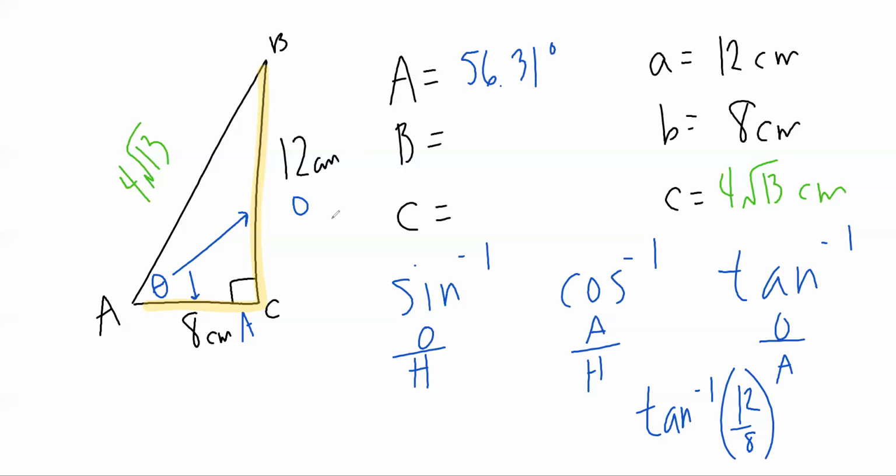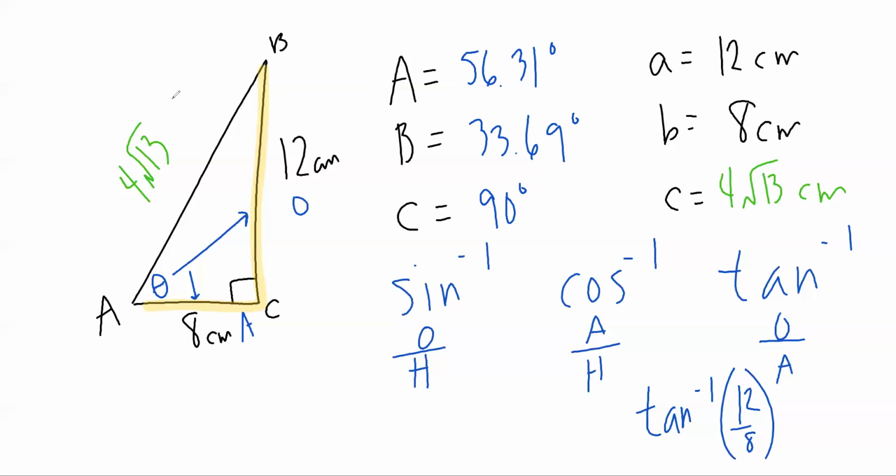Now, I know that angle C is 90. To find the measurement of angle B, I'm just going to have to subtract 90 and 56.31 from 180 to get that the measurement of angle B is 33.69 degrees.